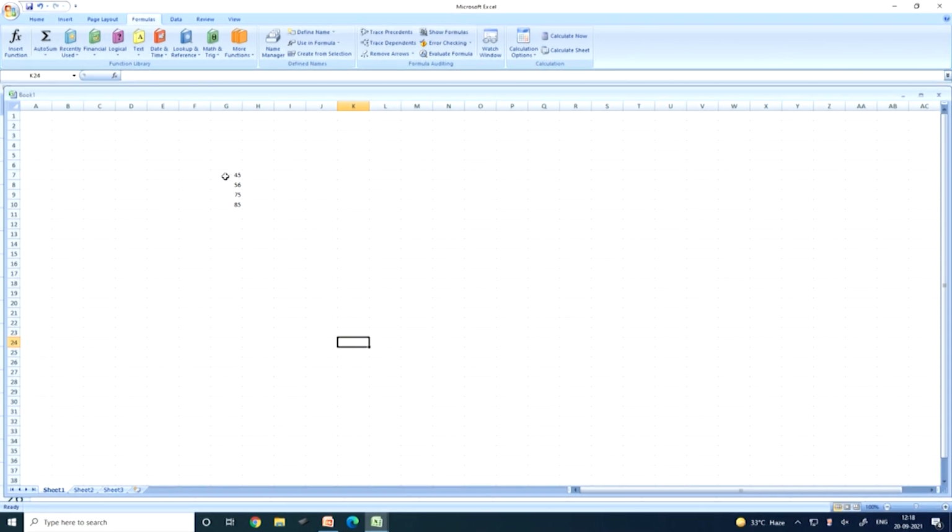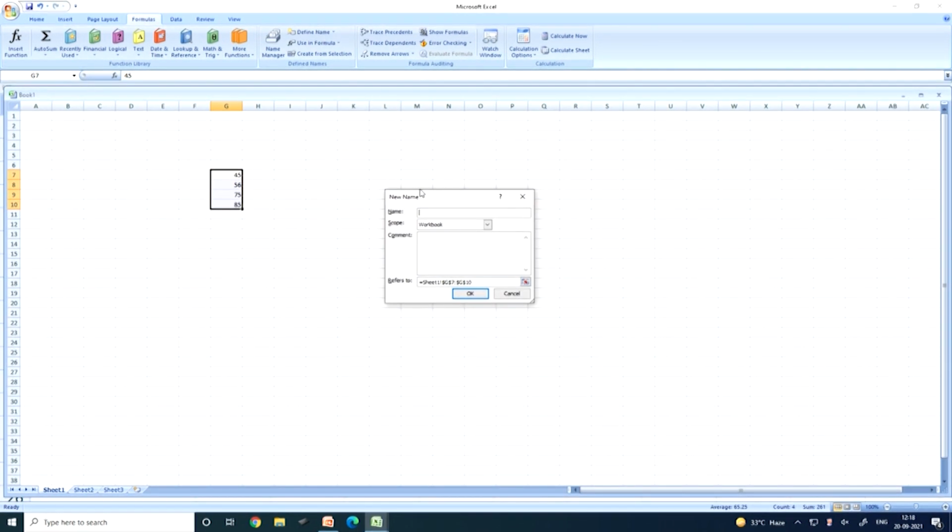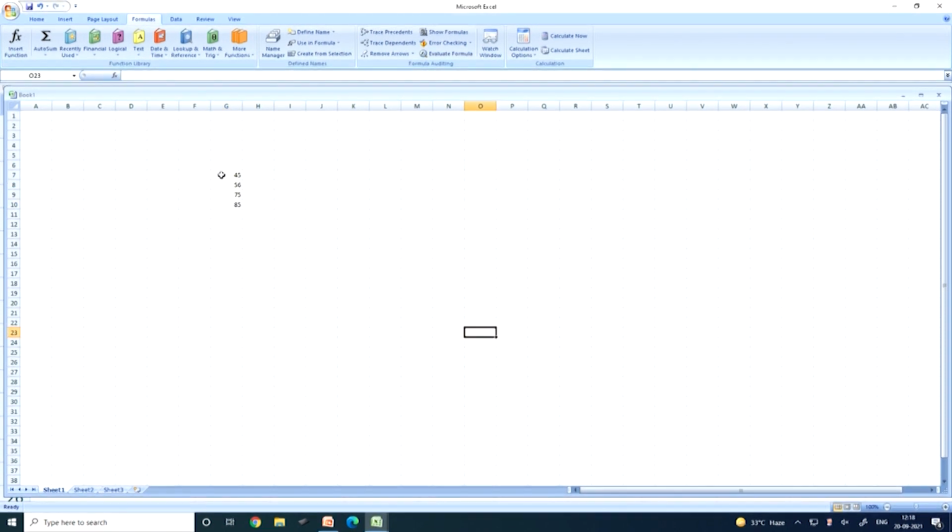Dear students, now I will explain how to give a name for a range of cells. I have entered, for example, marks. I want to give a name for this range of cells. So, go to define name, I am writing marks1. When you select this, look on the left hand side, under the name box, it shows marks1.